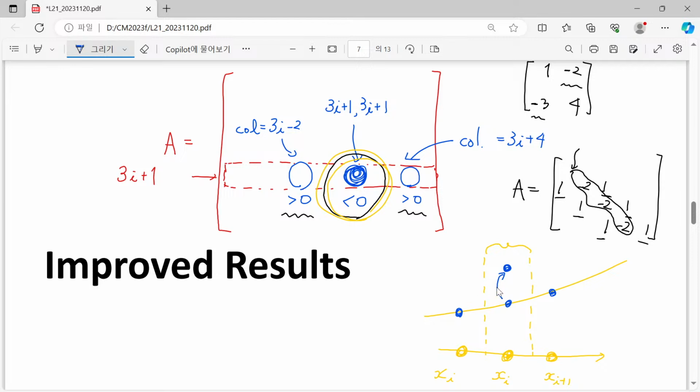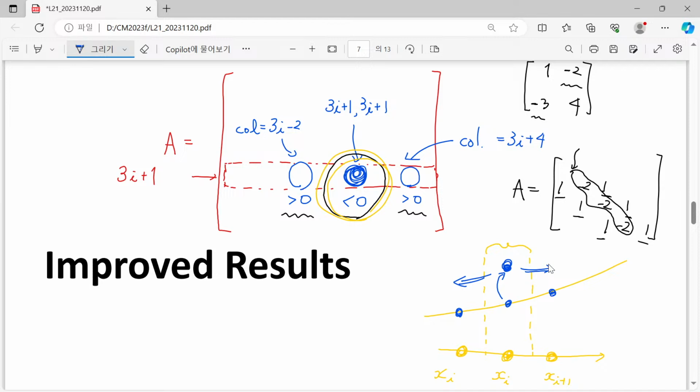Everything else is just a solution, so the error is highly localized on this node. Then what we can expect is that this one will eventually go this way or that way.